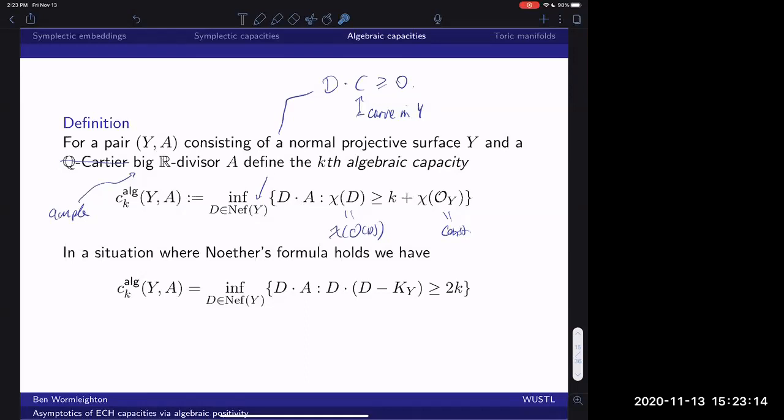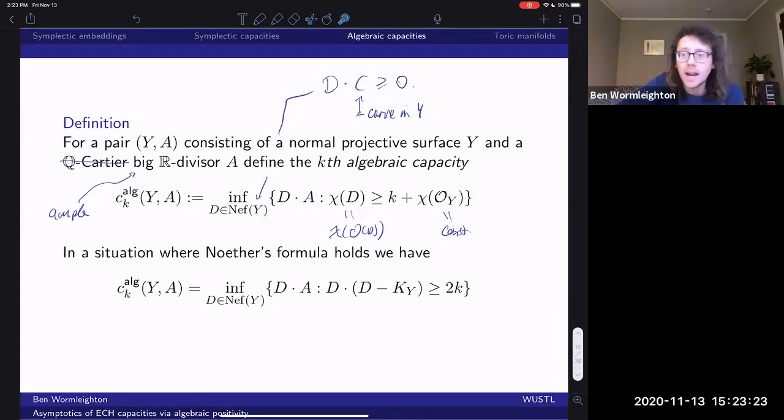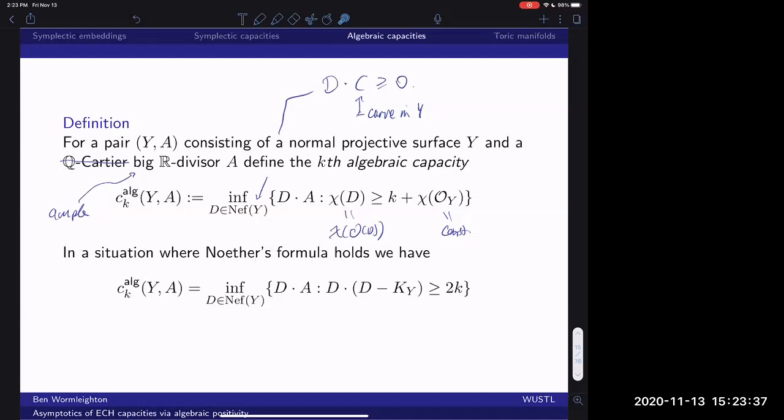Well, why can it fail to hold? Because of singularities of Y? Yeah, because I'm allowing Y to have singularities, we don't have this formula in general. The classical Noether's theorem is proved only for smooth surfaces. I'm going to let Y have orbifold singularities, let's say. If all divisors are Q-Cartier, will it work in general?